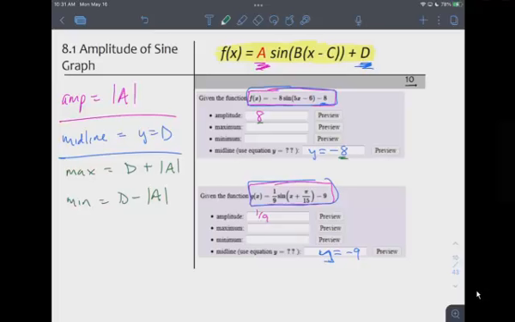What does -8 plus 8 give you? 0. And then the minimum is -8 minus the amplitude, so -8 minus 8 is -16. The midline is always halfway between the min and the max, so you can find it with those calculations.